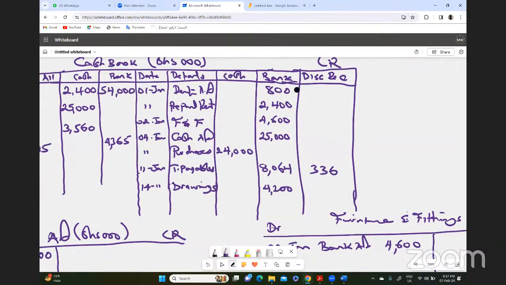Okay, so on 25th of Jan, we are having salaries and wages. One is cash, one is bank, so they can be on the same line. Isn't it so? The double. Okay, it is okay. Please do it the way we have been doing it.